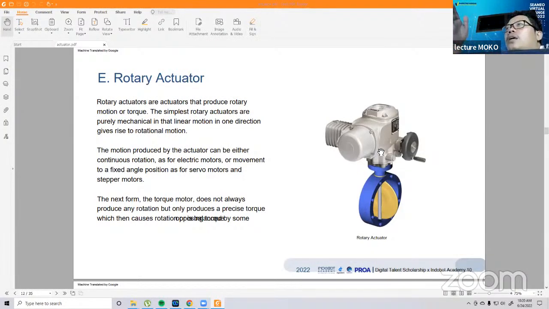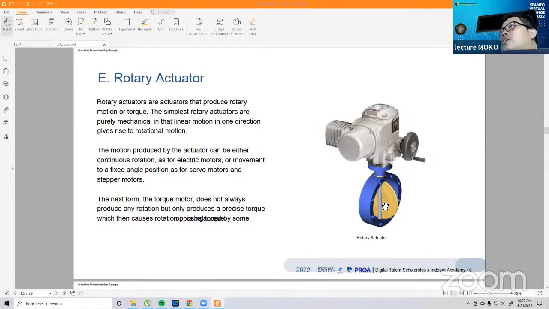For example, we want to open just 20 degree, or we want to move just 30 degree, or we want to move 90 degree. So we call it an actuator control valve. So we can control the condition of this valve.